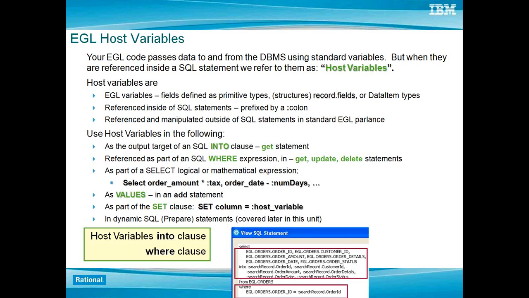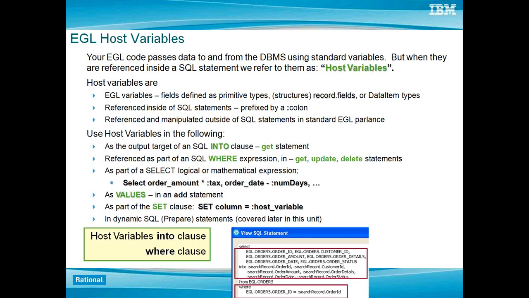Later we will see how to use these different reserved words. Now, inside EGL, there is a concept of host variables. For example, we want to supply some parameters dynamically at runtime to our SQL, or in other words, create an SQL statement on the fly based on different values. Using host variables, we can modify the by default generated SQL statement.